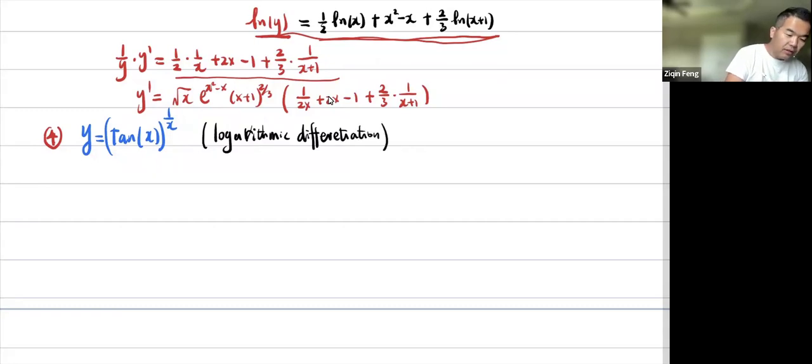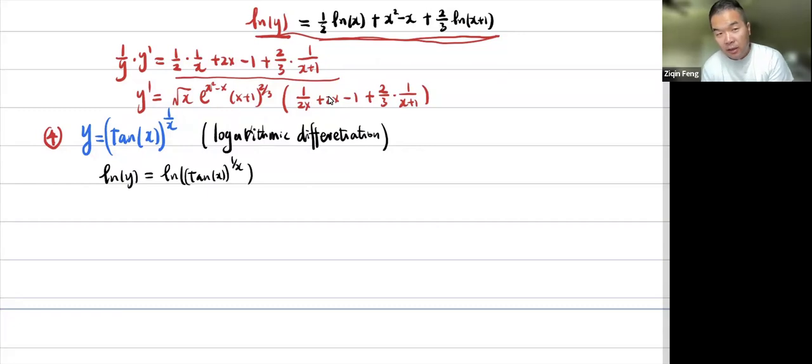So we take a natural log. Natural log of y is natural log of tangent of x to the power 1 over x, right? Remember, this natural log can bring the exponent down, right?